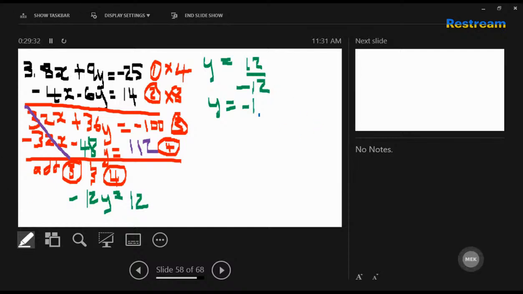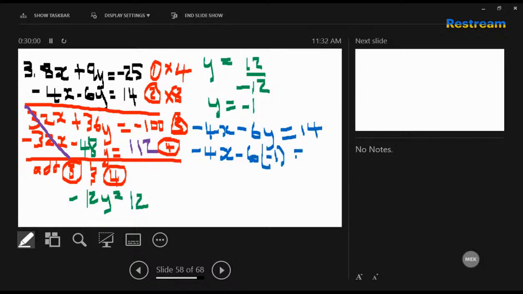we're going to plug this value in either one of the equations. So let's use the smaller numbers. Negative 4x minus 6y is equal to 14. And we're going to plug in -1 where y is. So -4x minus 6 times -1 equals 14.